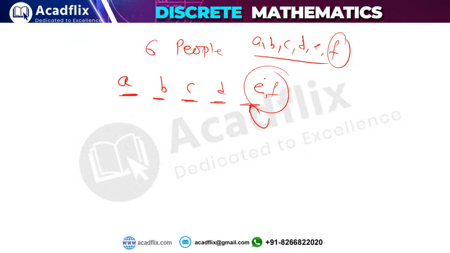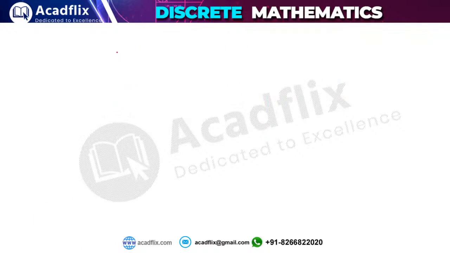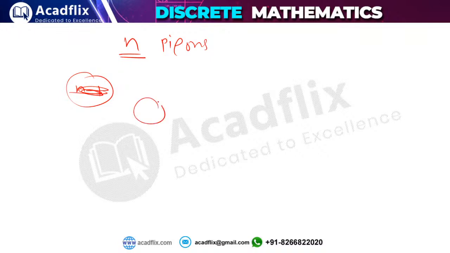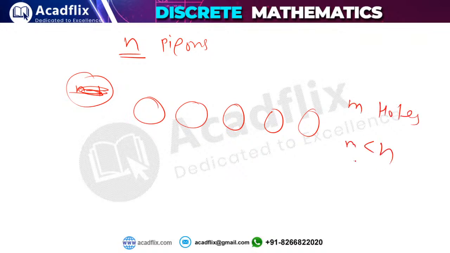Okay, so let's see the statement. Now the statement is like this. Let's assume there are n pigeons, but there are only n minus 1 nests, or you can say less than n nests. Basically, n pigeons are there, but the holes are less than n. Let's assume there are m holes, and this m is less than n.